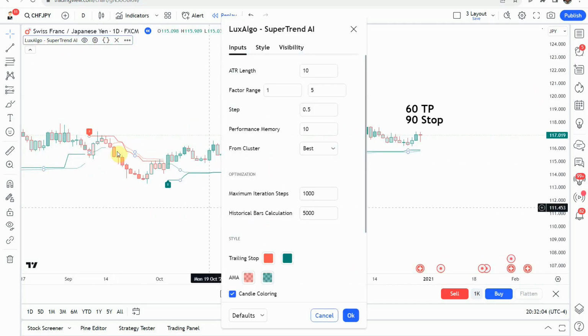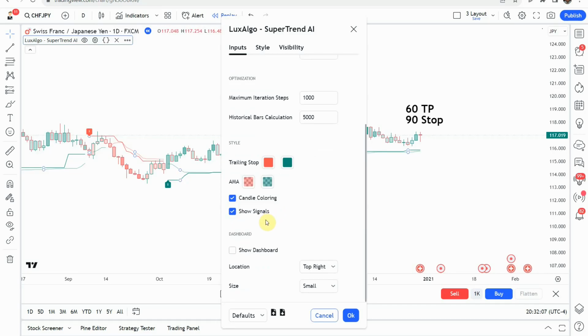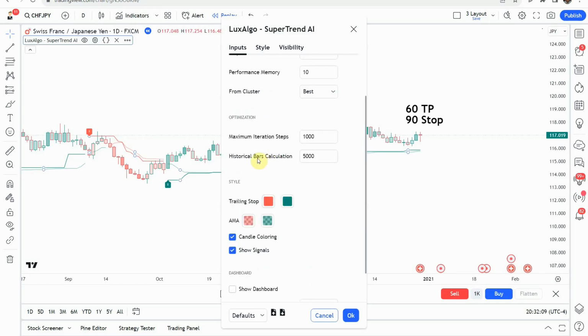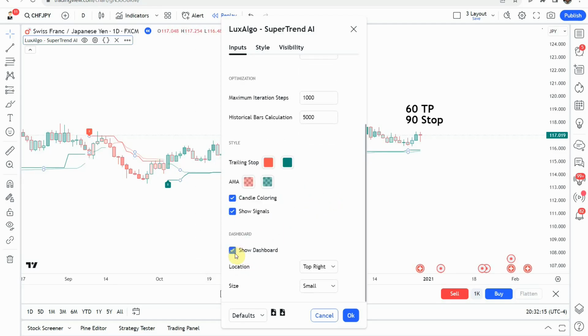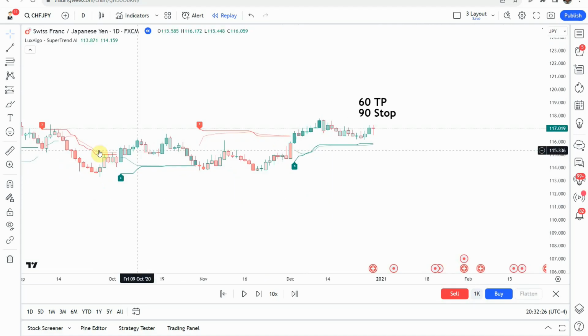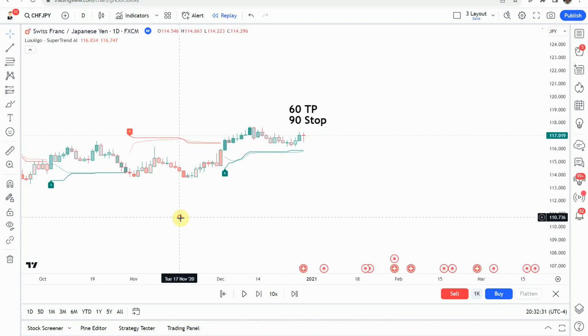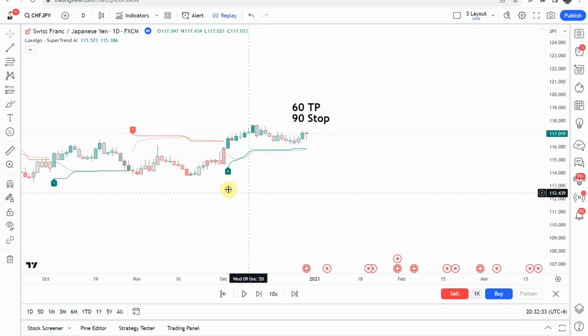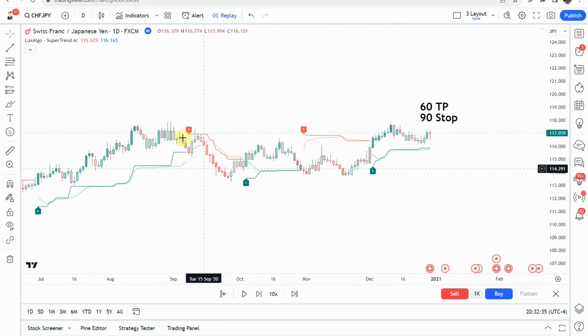The settings, we did make one change to it here. The historical bar calculation, we changed to 5,000, just so that it loads a little cleaner on screen. And we turned off the show dashboard check, so that there's typically a little black box right here that gives you some information about the historical trades and so on with this indicator. Like I said, we clicked that off, and it gives you this here on screen.